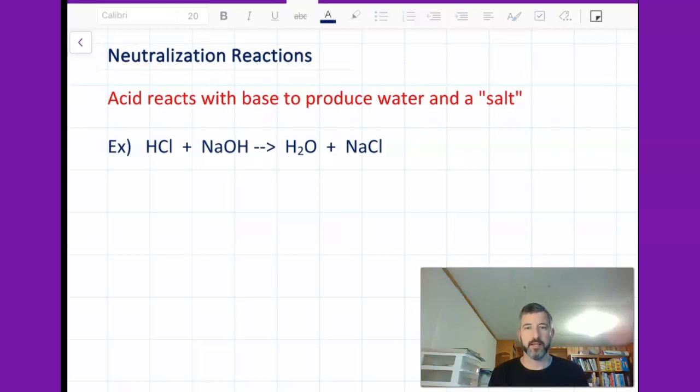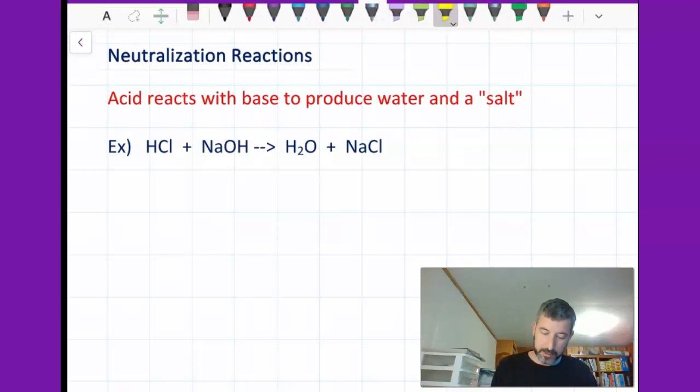If you go back to the beginning of the semester when we talked about reaction types and recognizing reaction types, a neutralization reaction is just a more specific classification of a double replacement reaction. So if you remember, double replacement reactions require us to have a positive and a negative ion in one compound, a positive and a negative ion in another compound, and essentially the positives just trade places.